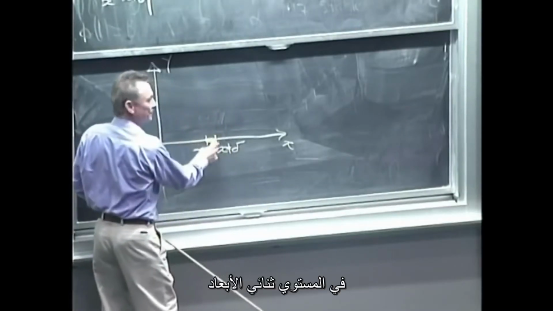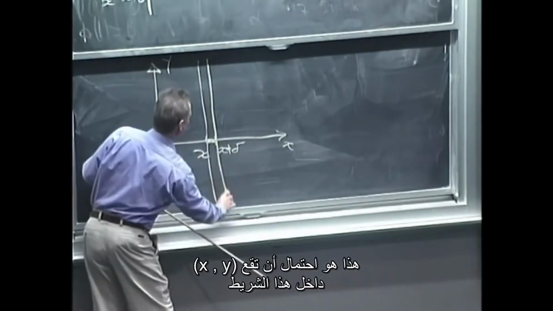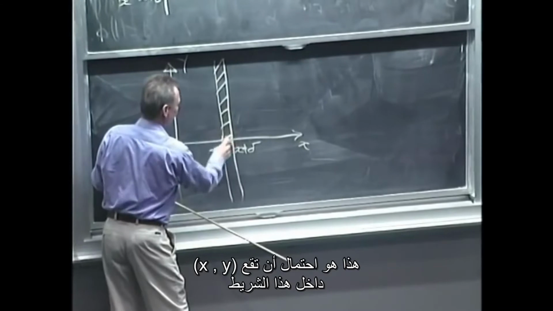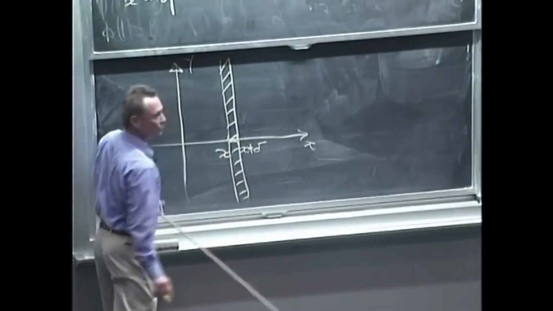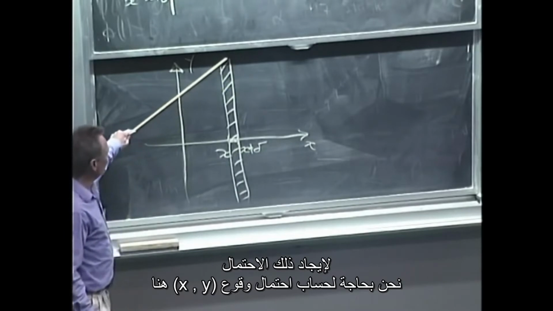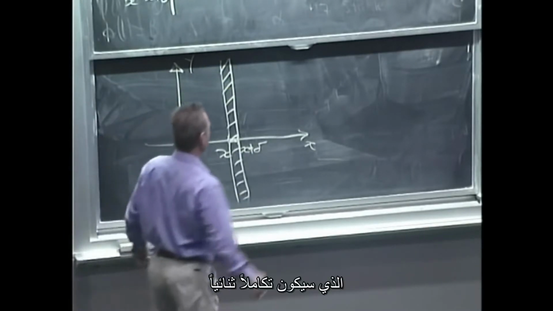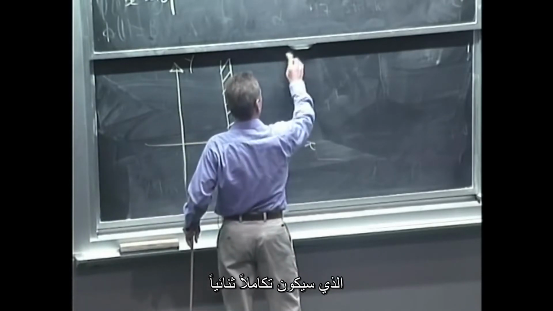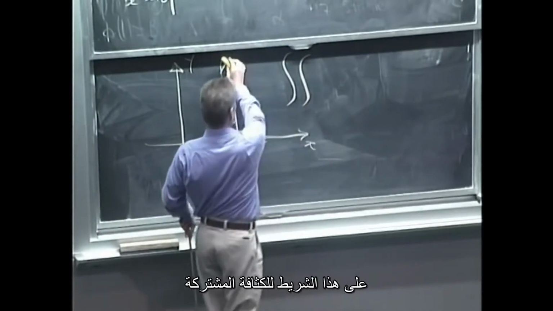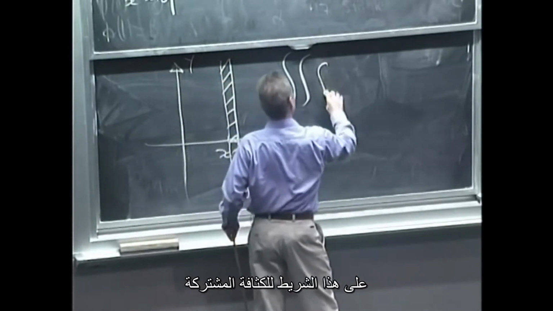In terms of the two-dimensional plane, this is the probability that (x, y) falls inside this strip. So to find that probability, we need to calculate the probability that (x, y) falls in here, which is going to be the double integral over this strip of the joint density.